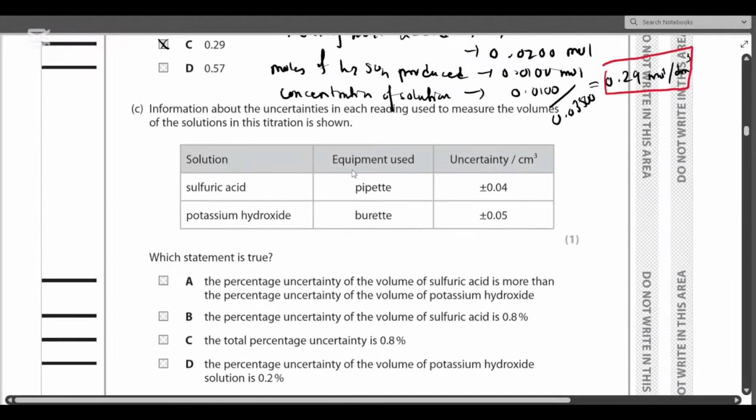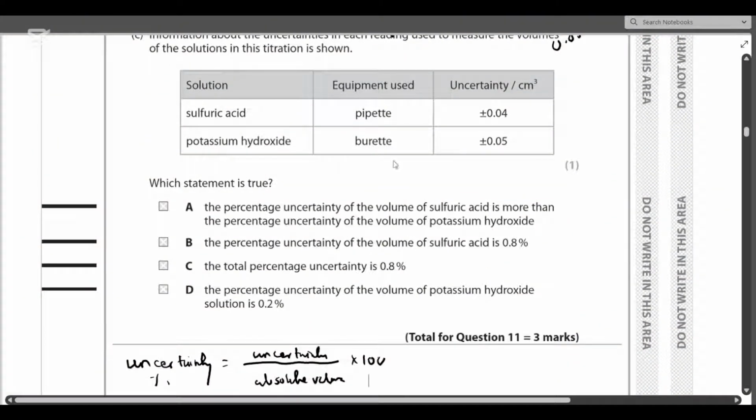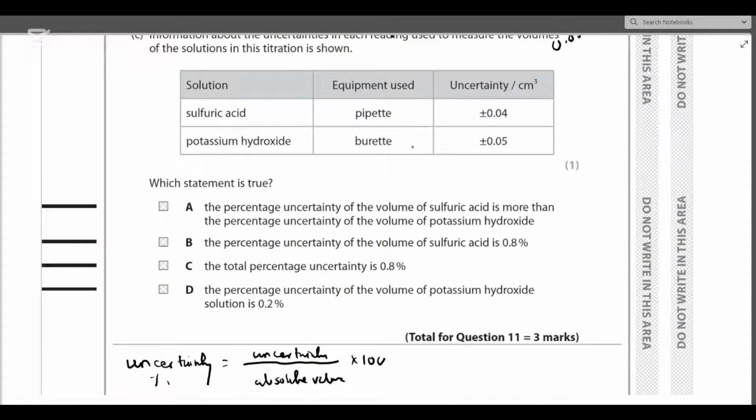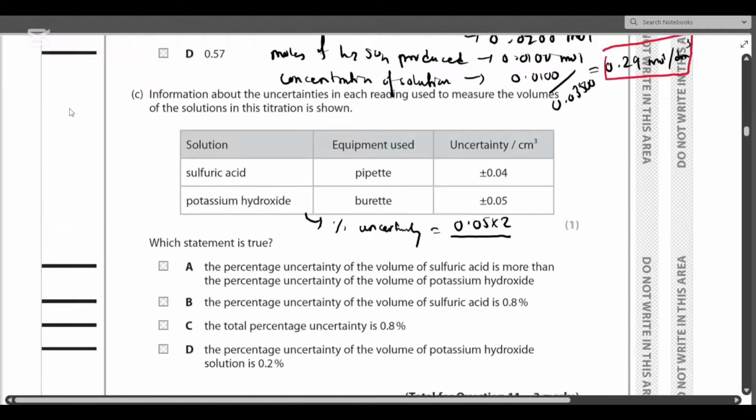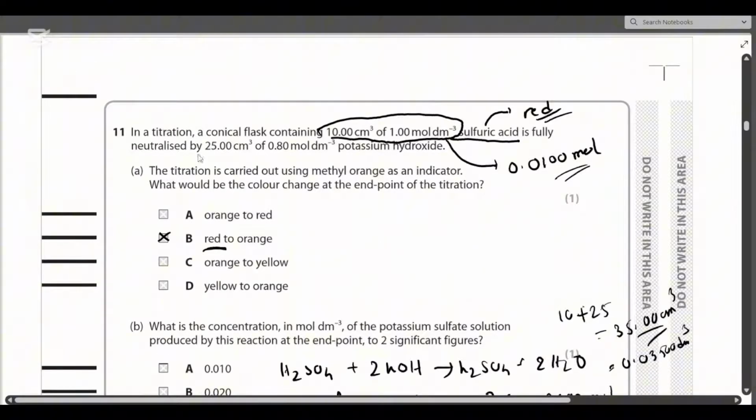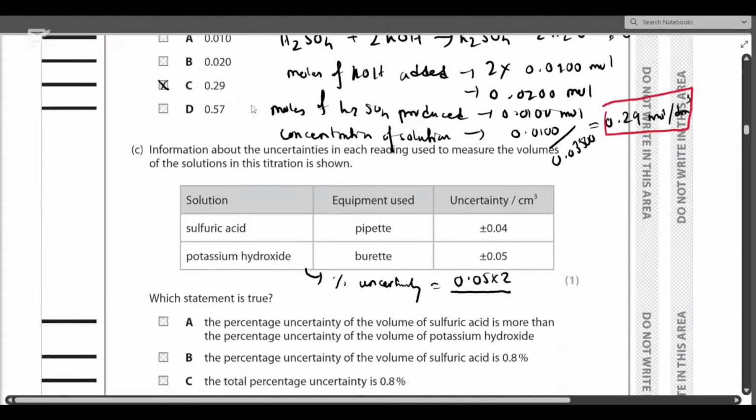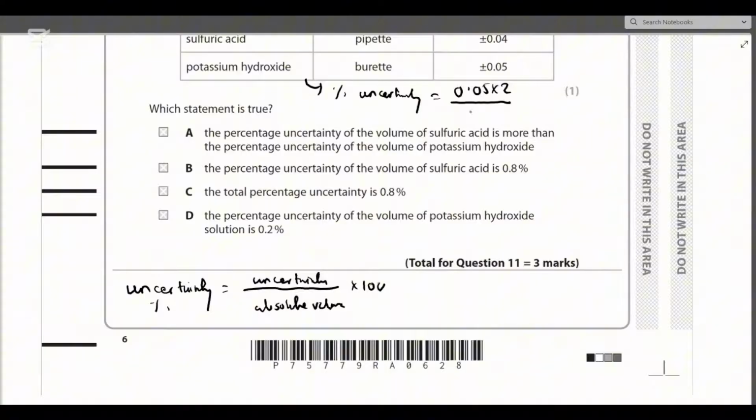For the potassium hydroxide, we have 0.05 times 2 divided by the volume neutralized, 25.00 cm³, which works out to 0.4%.